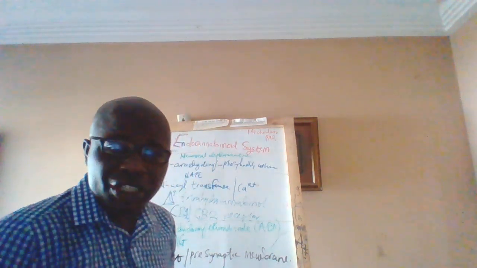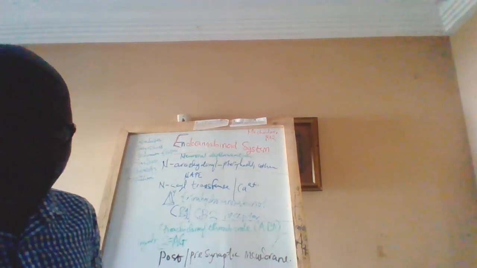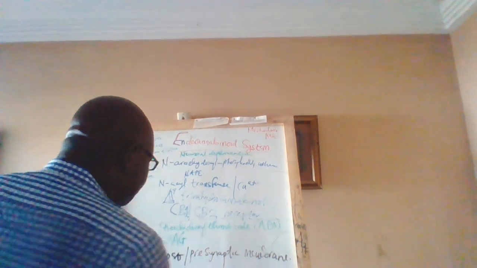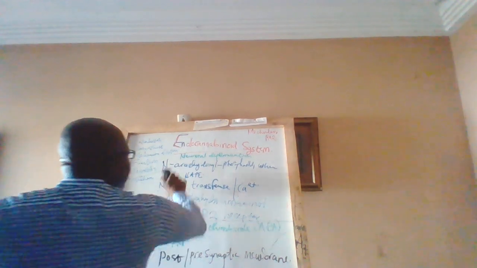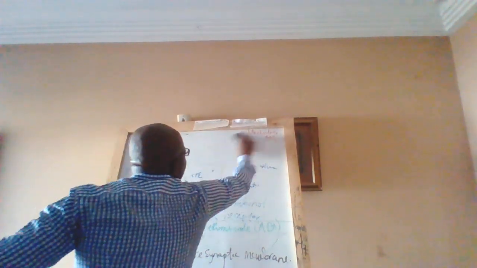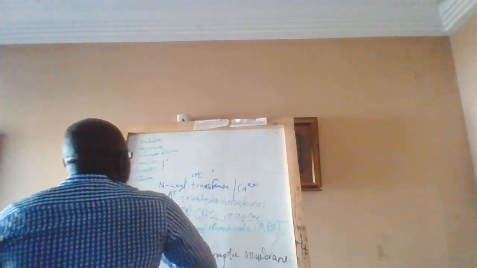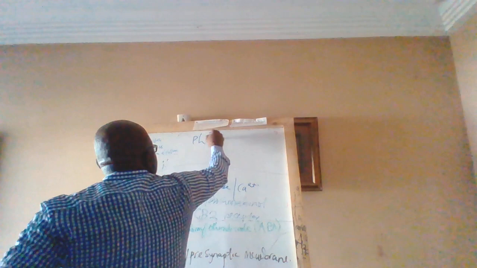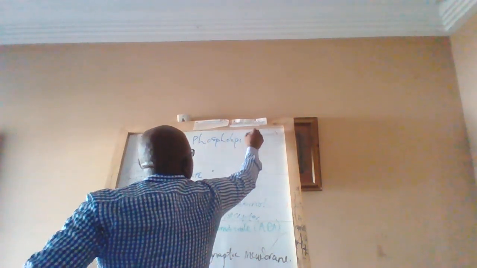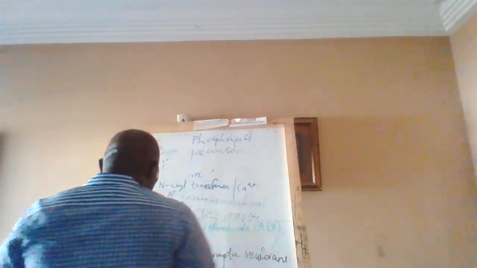So let's go to the topic of the day. Endocannabinoids, we said, are basically derived from phospholipid precursors.